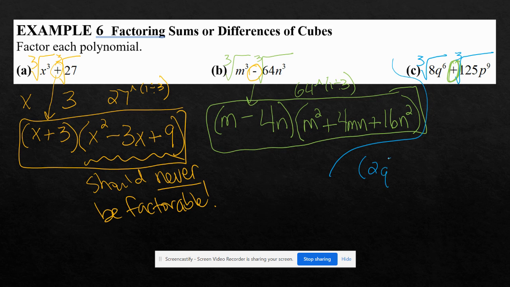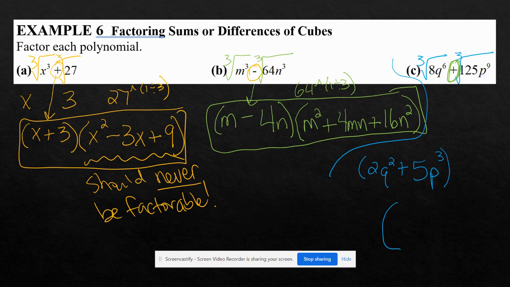And that's q squared. Bring down the plus. The cube root of 125 is 5. The cube root of p to the 9th is p cubed because 3 times 3 makes 9. And so that's the first part.